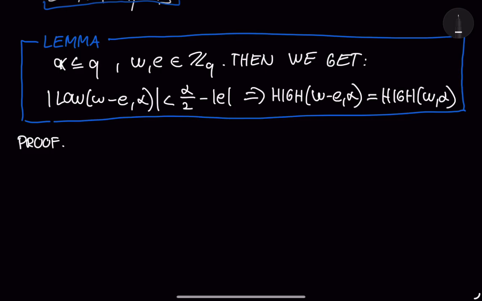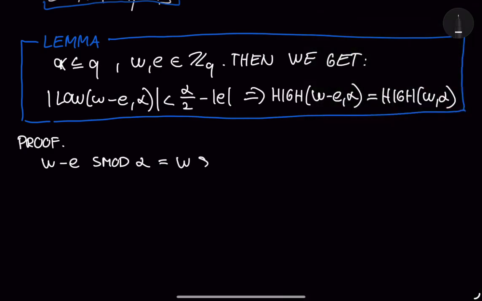So let's start and consider W minus E, and we consider it in the symmetric representation, and of course this is finally the low value. And as we know, symmetric modulo is more or less the same as normal modulo, just in the case that a multiple of alpha is subtracted.